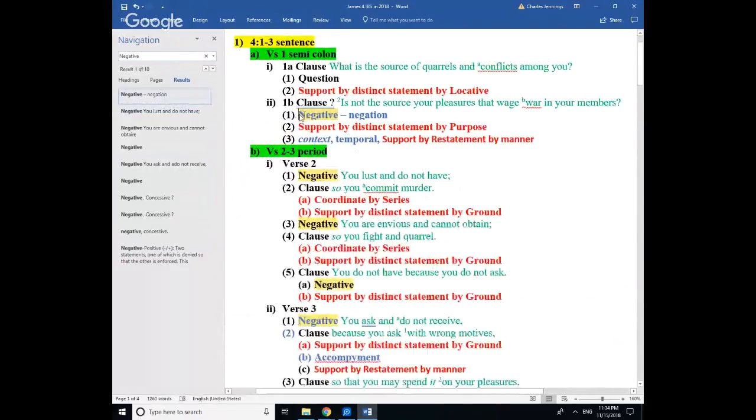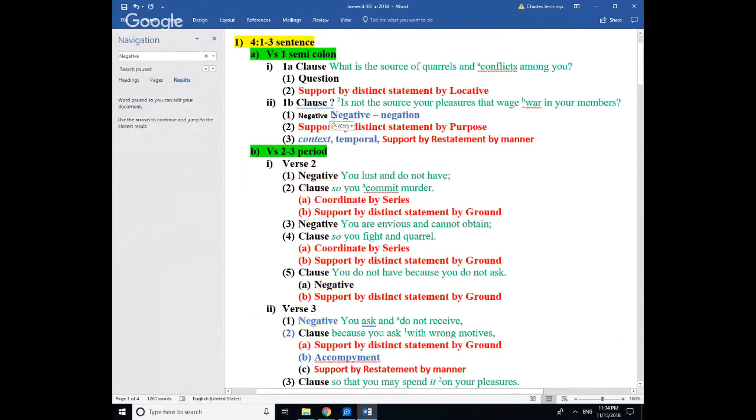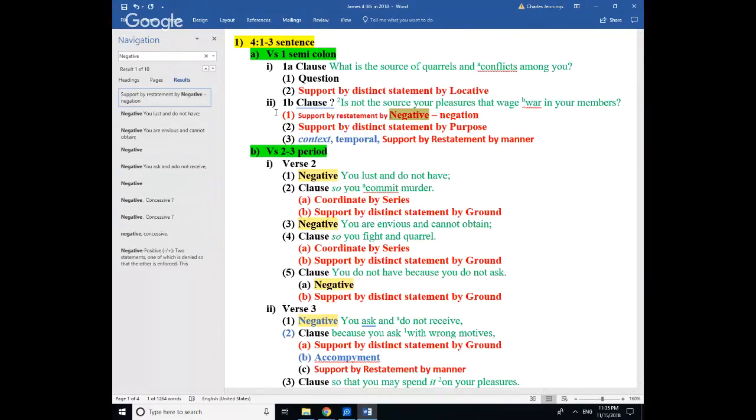I need to listen more about this because I wasn't with you guys yesterday. Support by restatement. That looks ugly, but oh well. We'll fix it later.